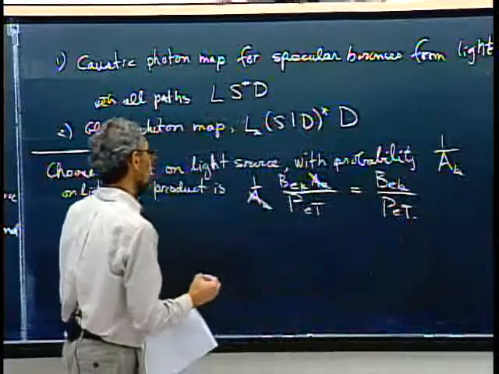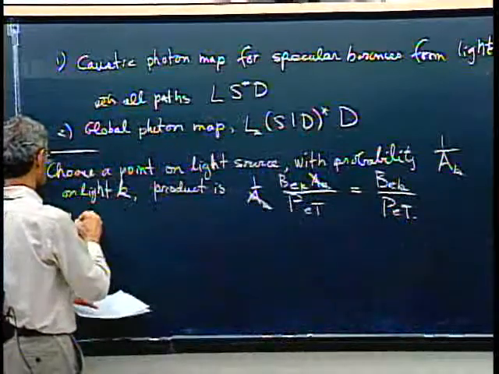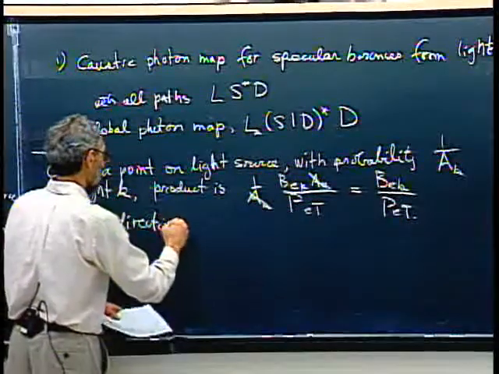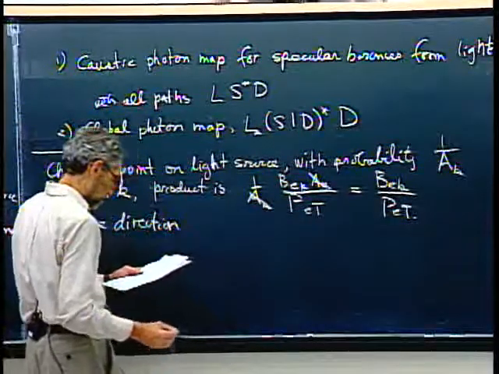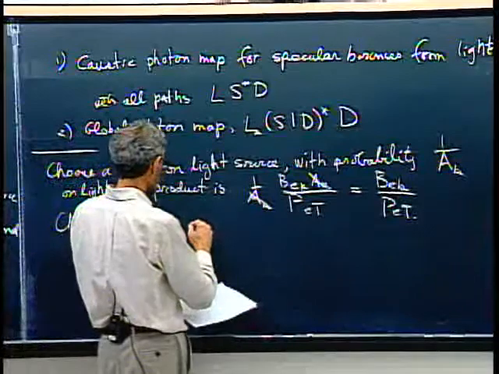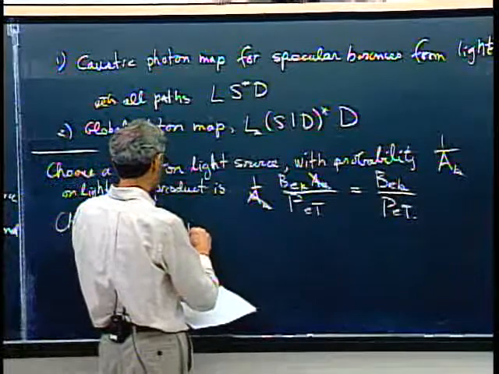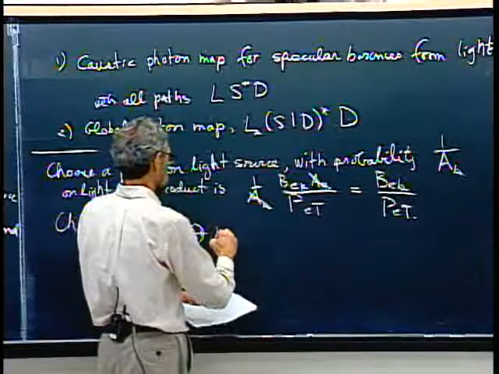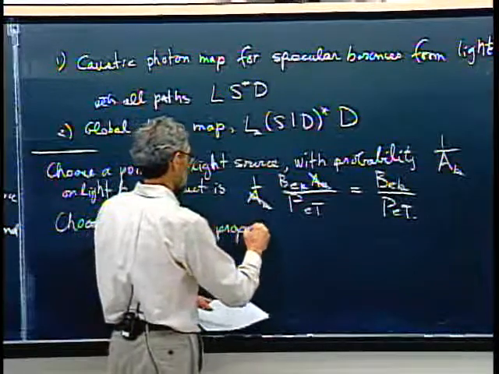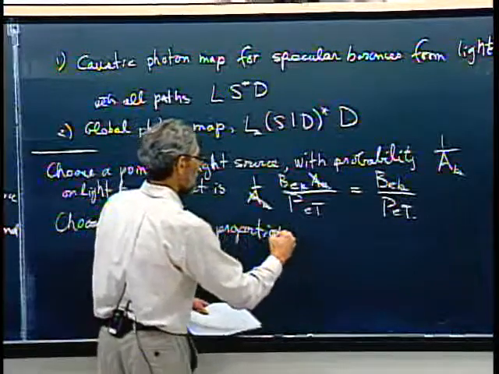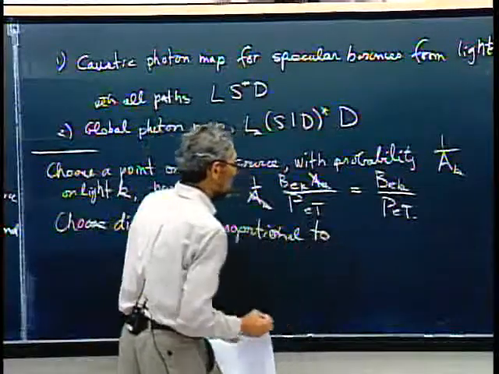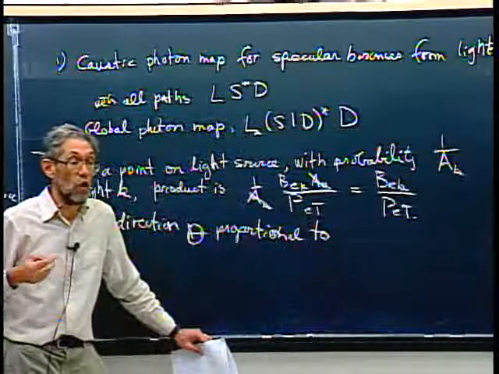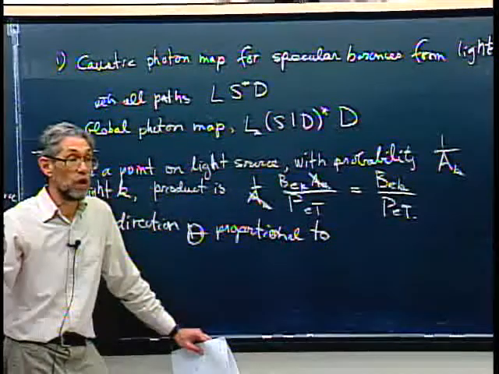And now, if it's a diffuse light source, choose the direction that it's leaving, say, why don't I call the direction theta? Proportional. Okay, it's got to be the standard foreshortening weighting, right? Because we don't want them to leave equally in all directions.